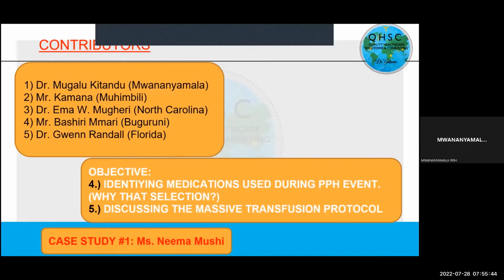Apart from that, we usually use tranexamic acid for coagulation to help speed up the coagulation. Other than that, we have blood, where we have whole blood and fresh frozen plasma, and IV fluids to expand the volume, Ringer's lactate and normal saline.